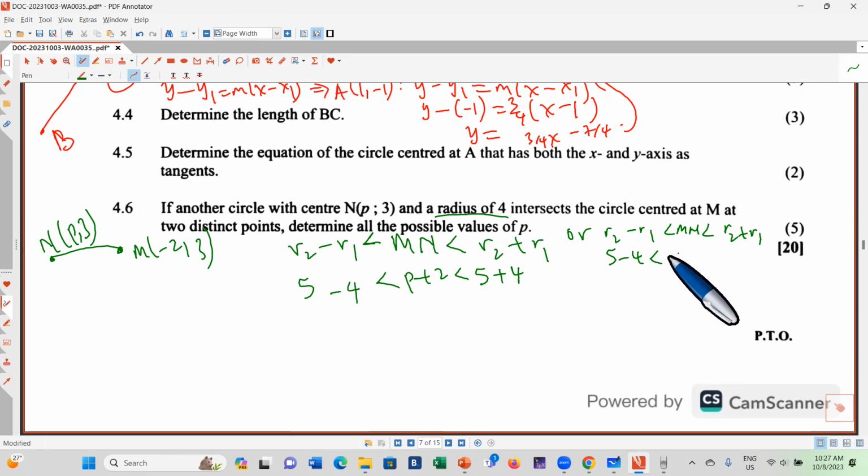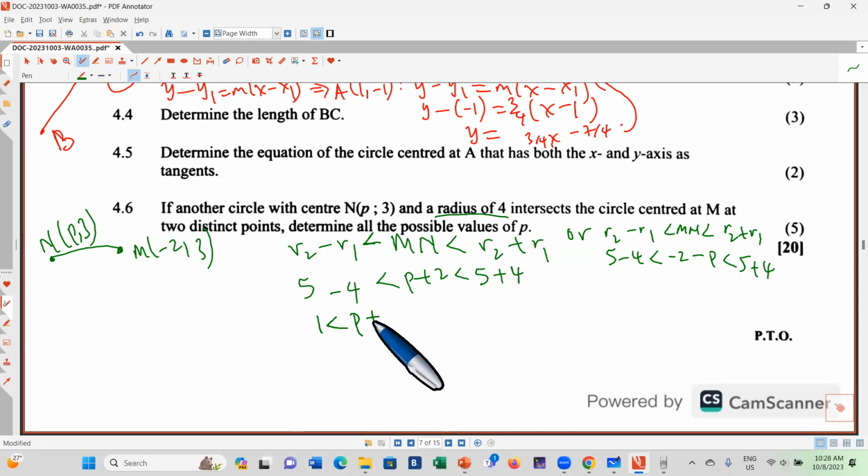So you also have -2 minus P as the distance there. 5 plus 4.